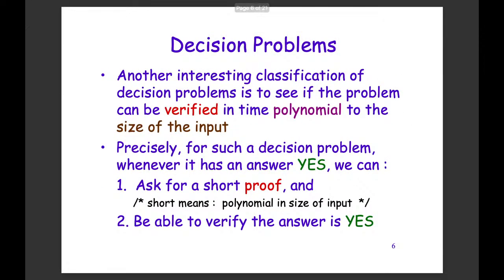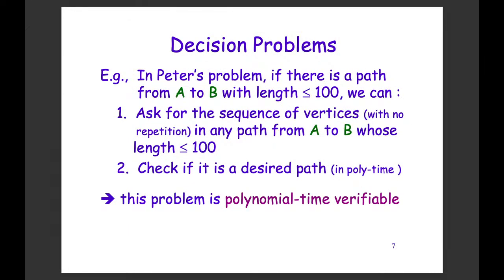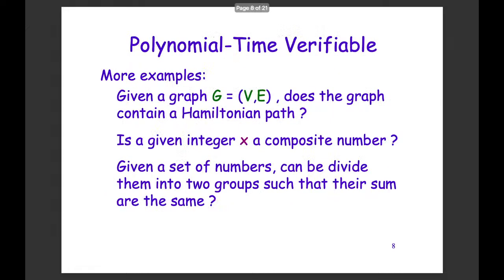Okay, so this is a recap of what I've just mentioned. Another example: suppose that I have a graph, and I want to check whether the graph contains a Hamiltonian path. Recall what is meant by a Hamiltonian path.